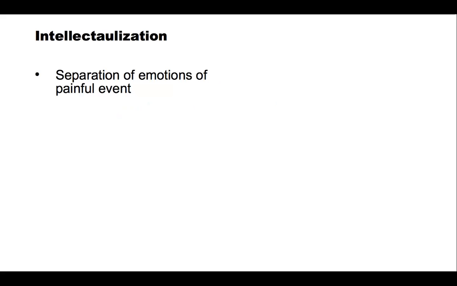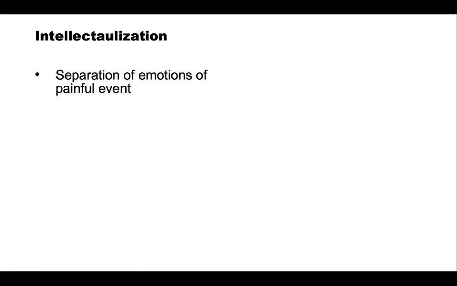Now, let us see what is intellectualization. So, this is a separation of the emotion of a painful event or situation from the fact involved, and acknowledging the fact but not the emotion. So it's an attempt to avoid expressing actual emotion associated with a stressful situation by using the intellectual process of logic, reasoning, and analysis.